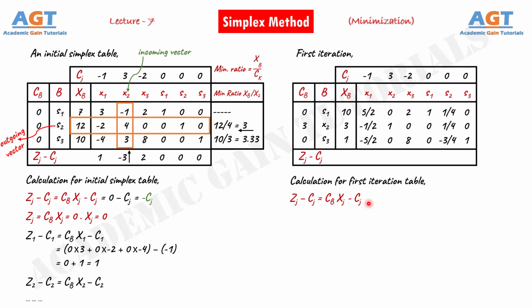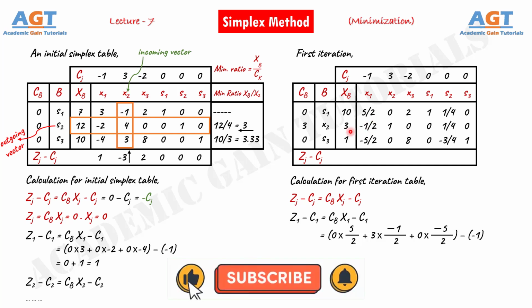For the calculation of z1 minus c1, the formula will be z1 minus c1 equals cb into x1 minus c1. Here we have to multiply cb with x1, so 0 into 5 by 2 plus 3 into minus 1 by 2 plus 0 into minus 5 by 2.